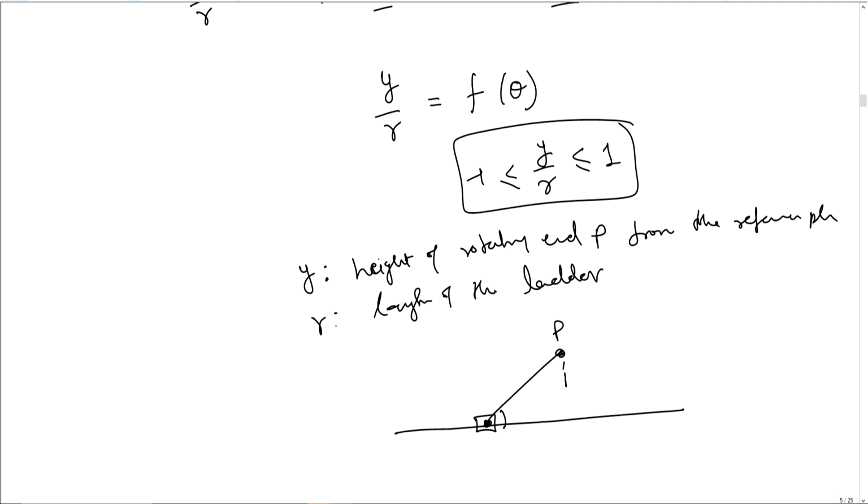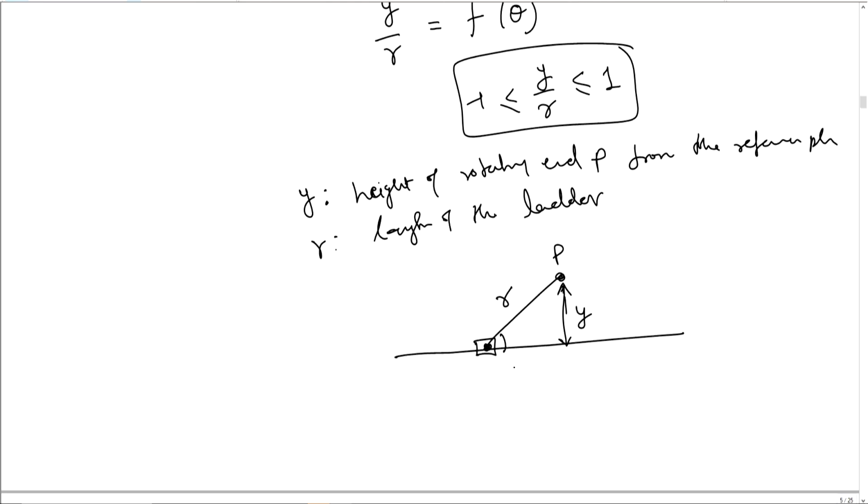The height of the rotating end P, let us call this height y, and r is the length of the ladder. What we are saying is that y by r is a function of theta. So, the height of the rotating end from the ground divided by the length of the ladder is a function of theta.